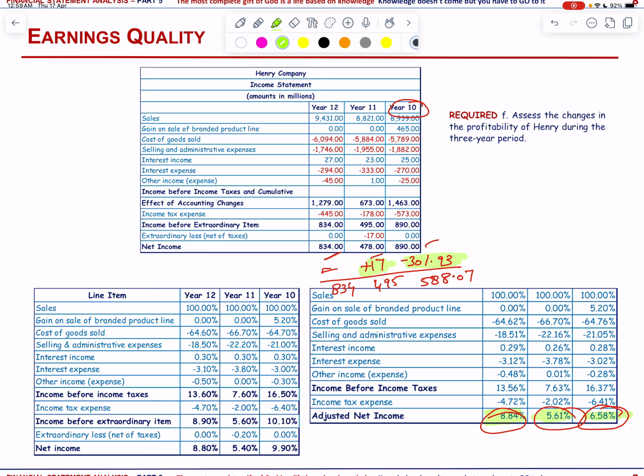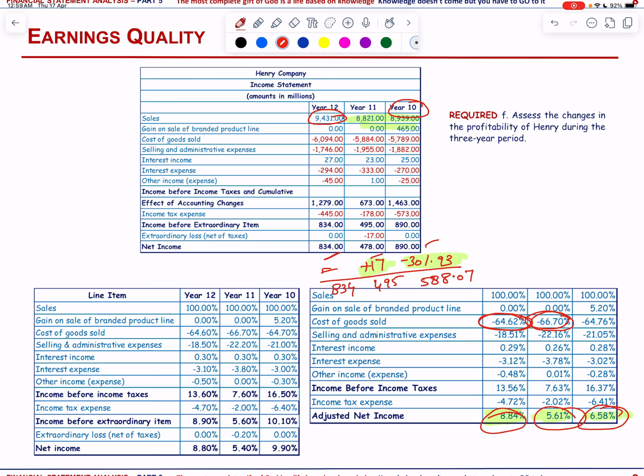So if we look into the key profit drivers, if you look into the sales, relatively it is flat in the years 10 and 11, and then it rose significantly in the year 12. The cost of goods sold as a percentage of sales dropped from 66.7 percent in the year 11 to 64.62 in the year 12.